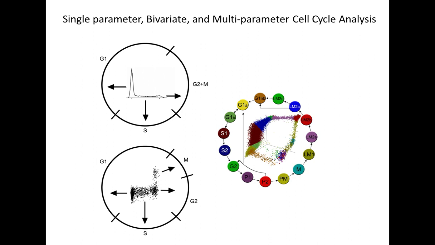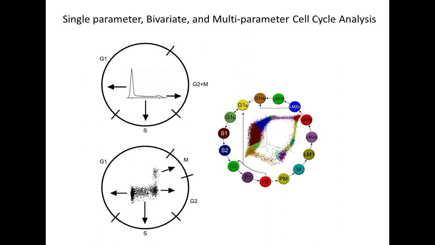This slide shows a single parameter histogram in the upper left for cells stained for DNA content, which gives us three phases, G1, S, and G2 plus M. A two-parameter plot in the lower left shows cells stained for DNA content plus a mitotic marker, which then gives us four phases, G1, S, G2, and M.